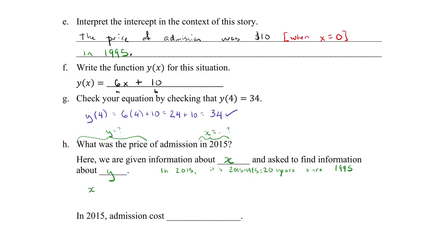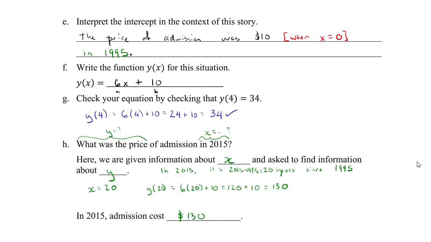So we've just been told that x equals 20. Okay, now we can put that into our equation. y of 20 equals 6 times 20 plus 10. 6 times 20 is 120, plus 10 is 130. In 2015, admission cost $130.